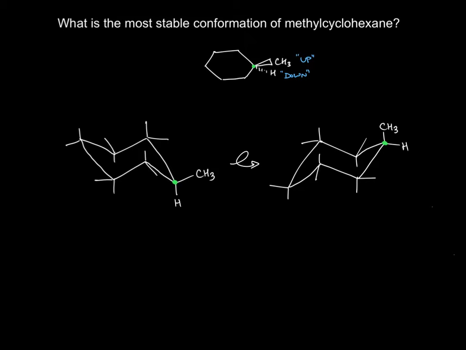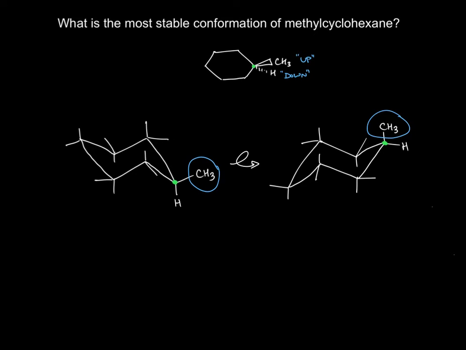I'm not going to fill that in at the moment, but when we're considering what's the most stable conformation, the H's don't matter. They're all going to be of exactly the same energy. However, CH3 is a relatively large substituent, and therefore the most important thing is to get as many, or if you can't do that, the largest substituent into an equatorial position, because it's more spread out in space.